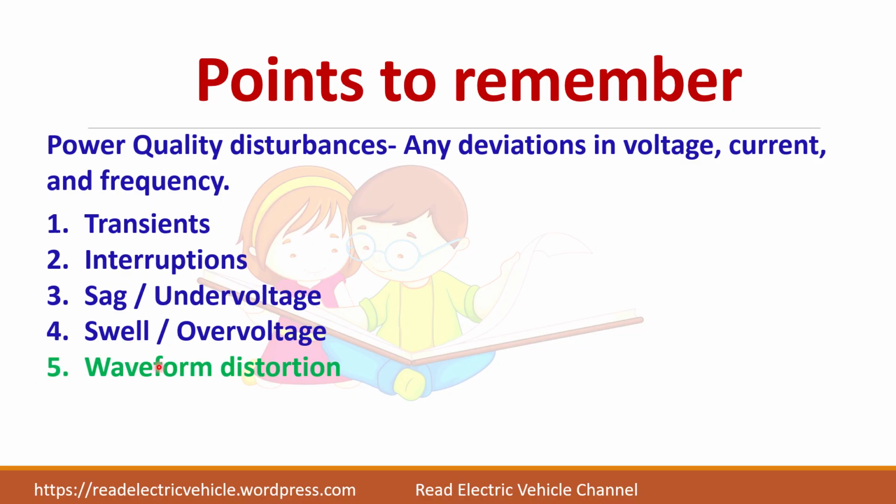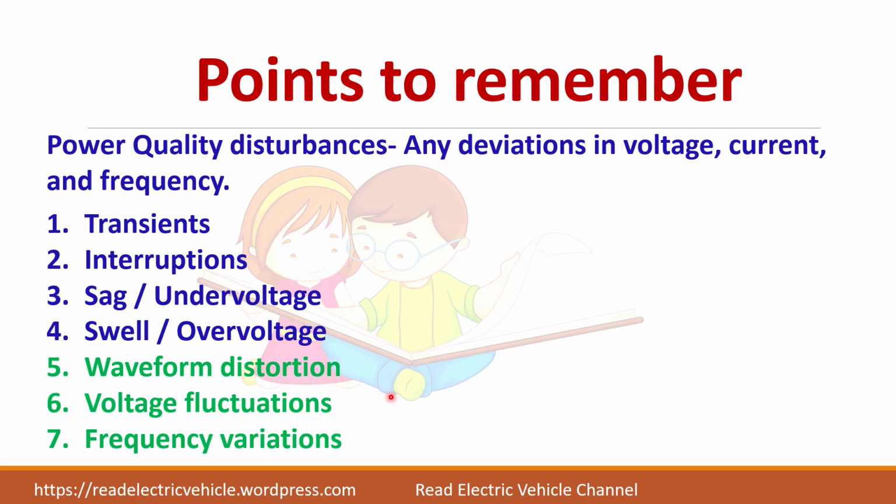And in this video we have seen waveform distortion, which means any distortion in the waveform. And voltage fluctuations, where there is a change in the voltage magnitude but within a particular limit. And we have supply frequency variation or power frequency variations.